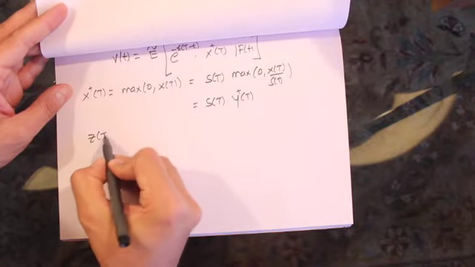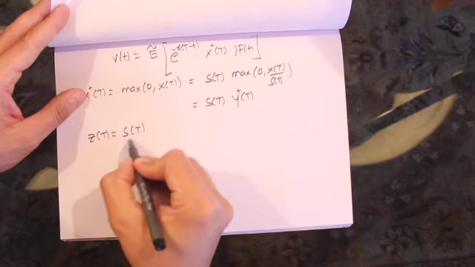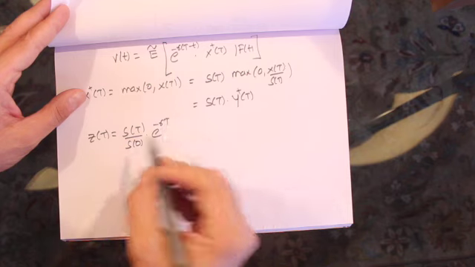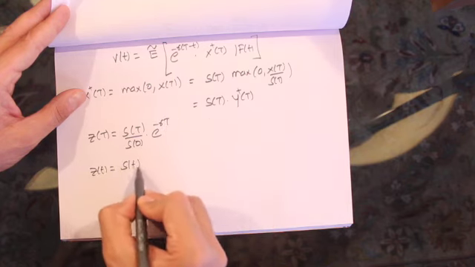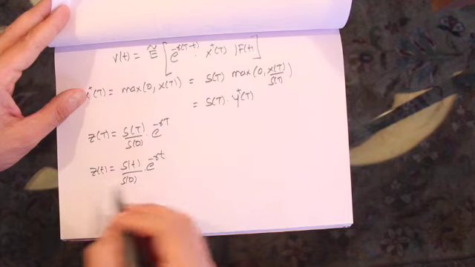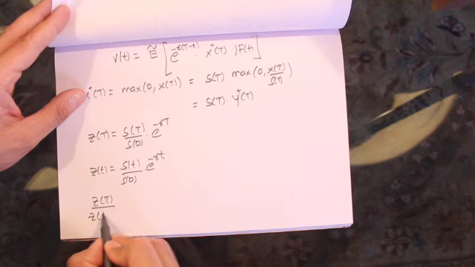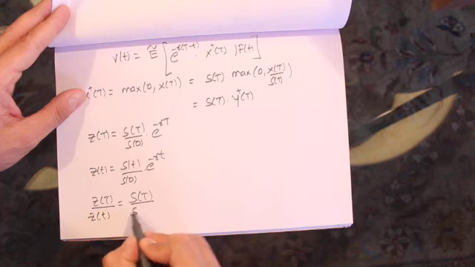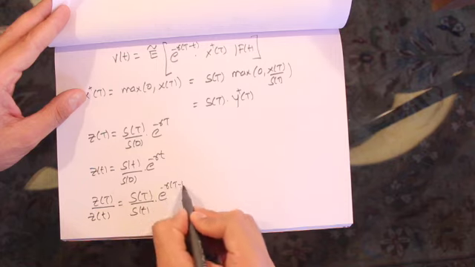So z of capital T can be written as s of capital T by s0 times e to the power of minus r capital T. And z of small t can be written as s of t by s0 times e to the power of minus rt. So z of capital T by z of small t would be s of T by s of small t times e to the power of minus r (T minus t).